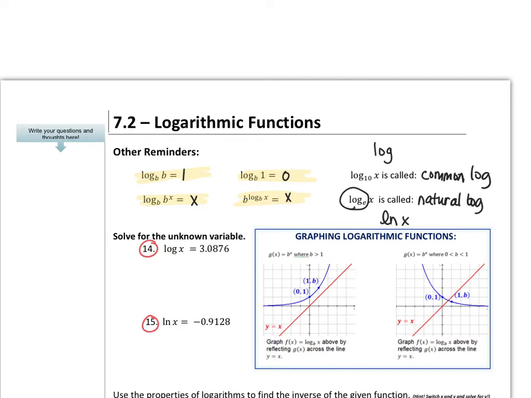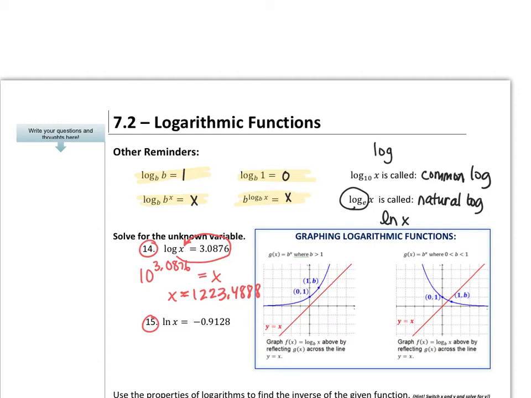It's a base of 10. So this would be 10 to that power equal to x. So 10 to the 3.0876 power is equal to x. So x is 1,223.4888.